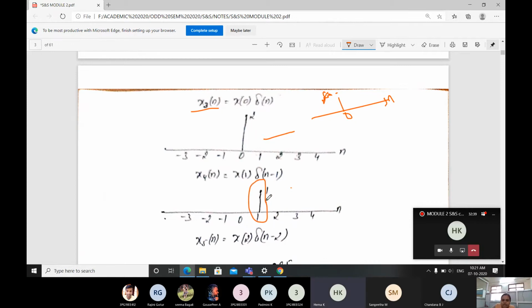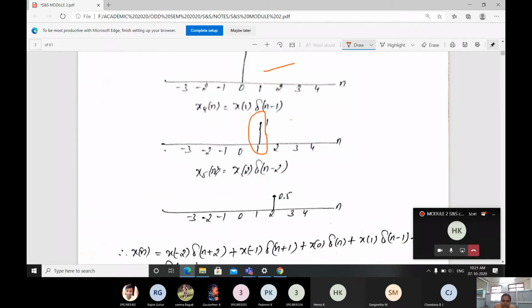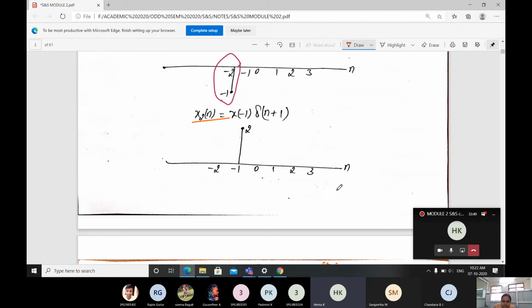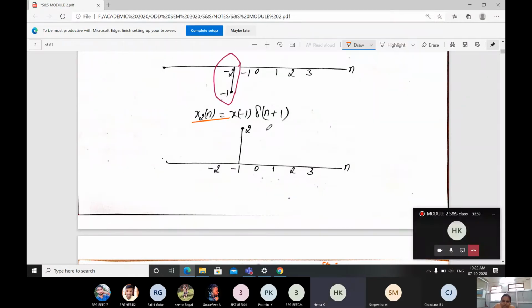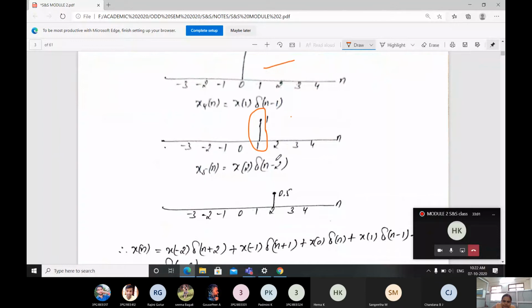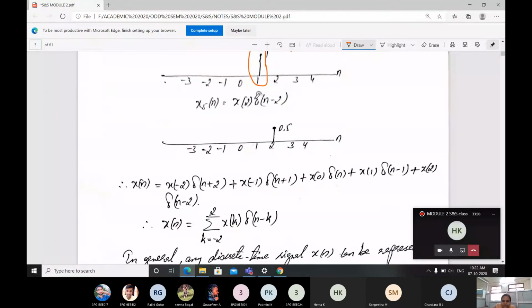Then you will get this signal, and the last signal is x5 of n, that is going to be x of 2 delta of n minus 2. You will get this signal.